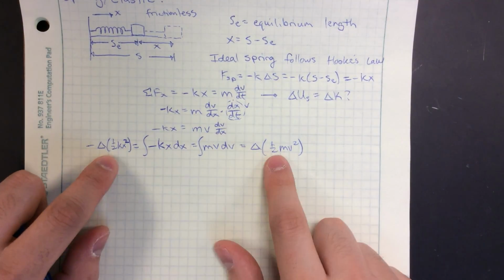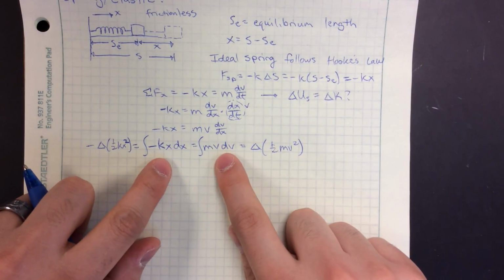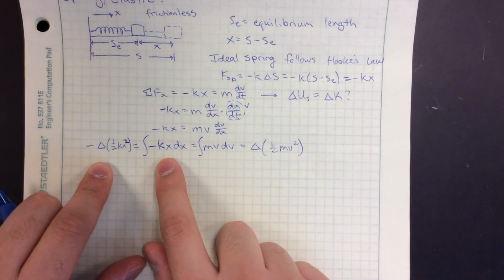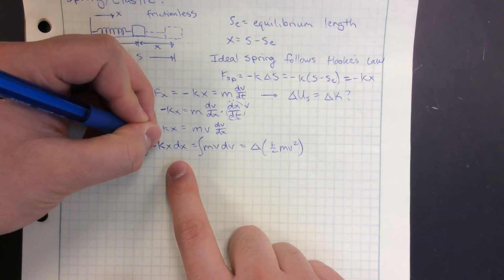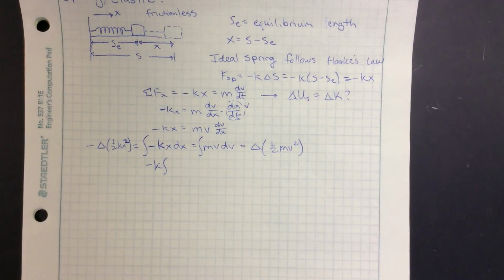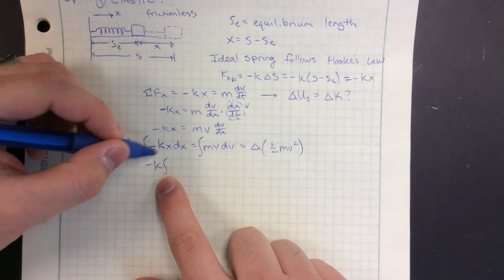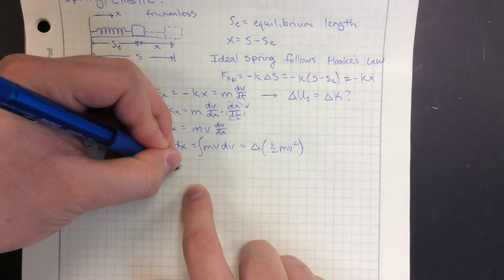In this case, we're using similarity to justify that calculation. But if you want to break it down into the actual calculus, k is a constant, so it's negative k integral. Negative k comes out of the integral of x dx.